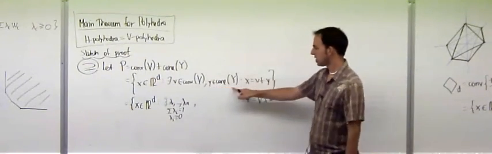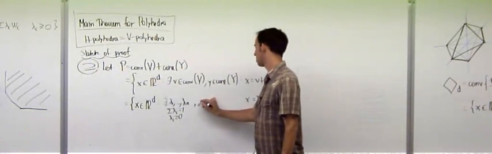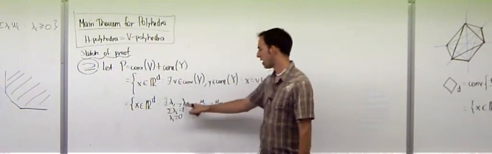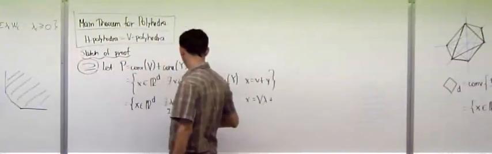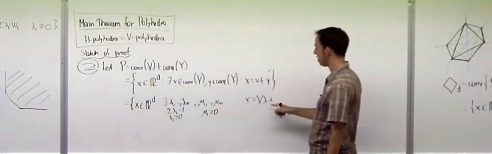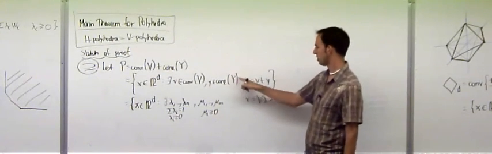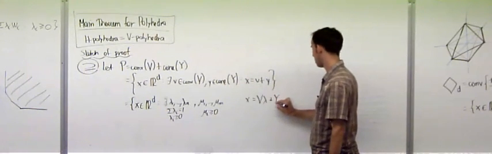And what does it mean to be in the cone of Y? Well, it means that we can find mu's, let's say mu 1 up to mu m. Now, there's no condition on the sum of the mu's. They should just be greater than or equal to 0. And y should be a linear combination of the vectors in Y. So we write it like this.